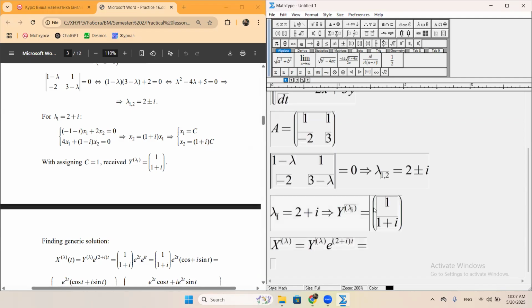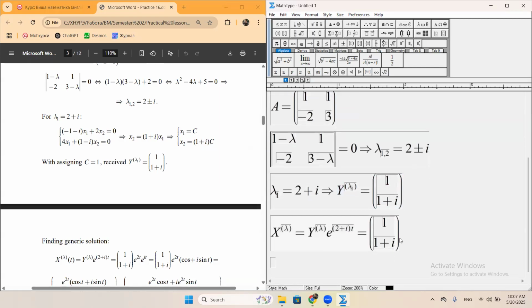Now let me write it like this. Let me expand this exponent. I will have e in power of 2t by e in power of it.